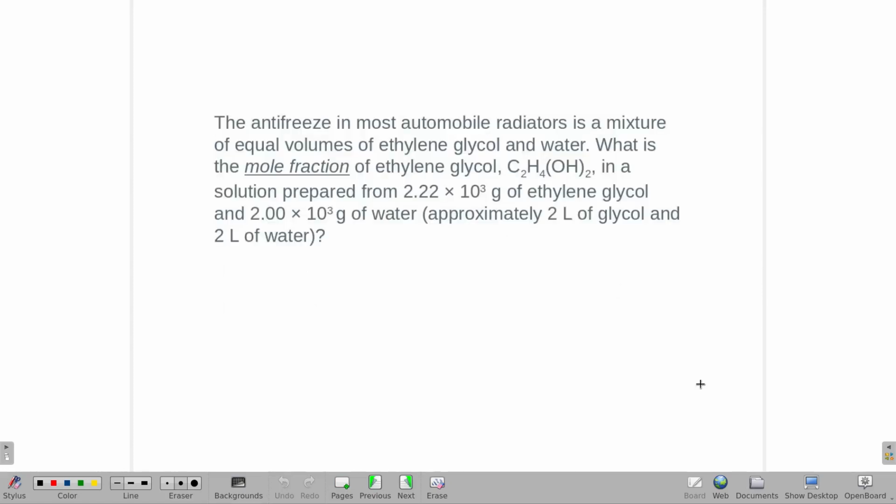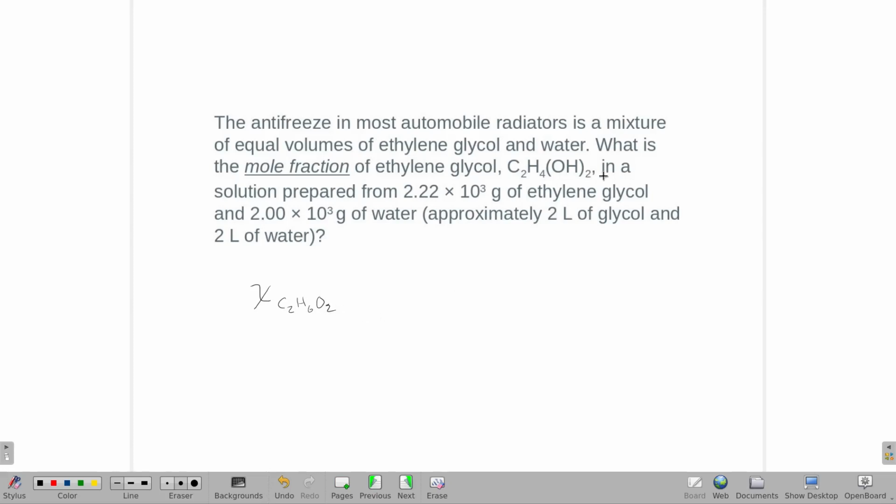Let's actually figure out what our mole fraction is for this particular ethylene glycol solution. All right, so antifreeze. We want to get the mole fraction of ethylene glycol in a solution, given the mass of it compared to the mass of the water. It says mole fraction of ethylene glycol, so I'm going to use this little Greek symbol, and I'm going to put C2H6O2.